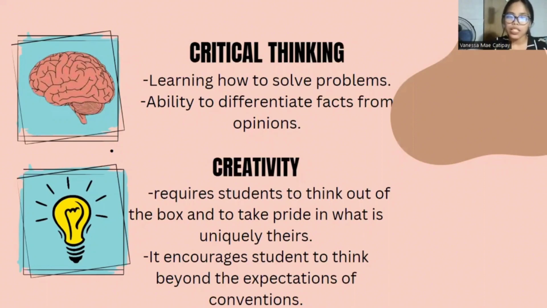It requires students to think out of the box and to take pride in what is uniquely theirs. It means they will be able to look at a problem from multiple perspectives, propose multiple possibilities and alternatives to address a problem, and take calculated risks. It also encourages students to think beyond the expectations of convention.